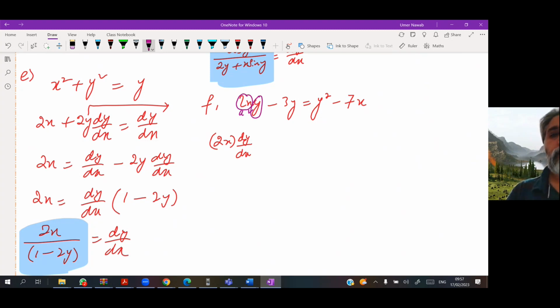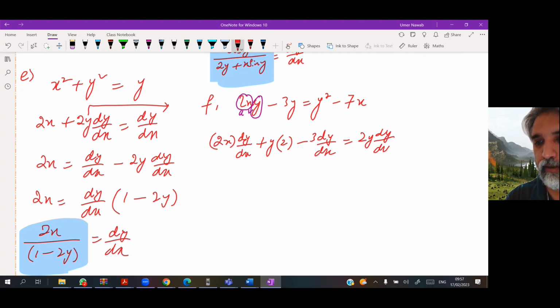Now plus y, the derivative of 2x is 2. So product rule done. Minus 3 dy by dx. And then y squared is 2y dy by dx. Minus 7x is minus 7. Try to combine all the dy by dx terms.